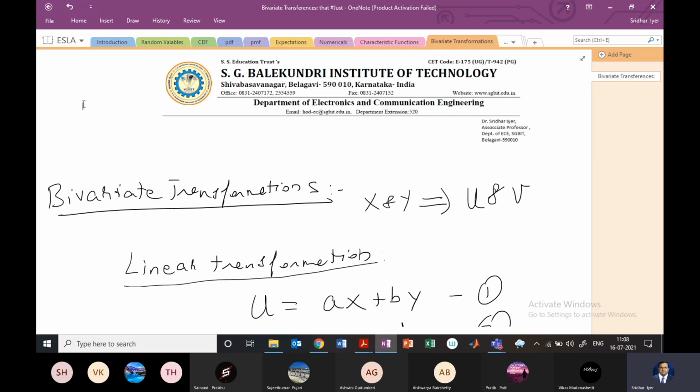But the properties remain the same. And then we have also seen how we can find individual CDFs and PDFs from the bivariate PDF. So that happens when one of the values or both the values turn out to be infinity. But when one of the values, that is x and y, or both the values turn out to be negative infinity, then the CDF and PDF is zero.